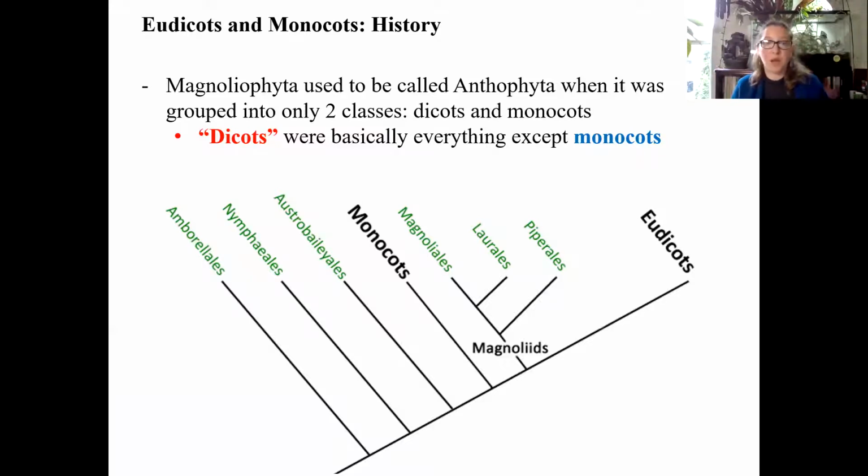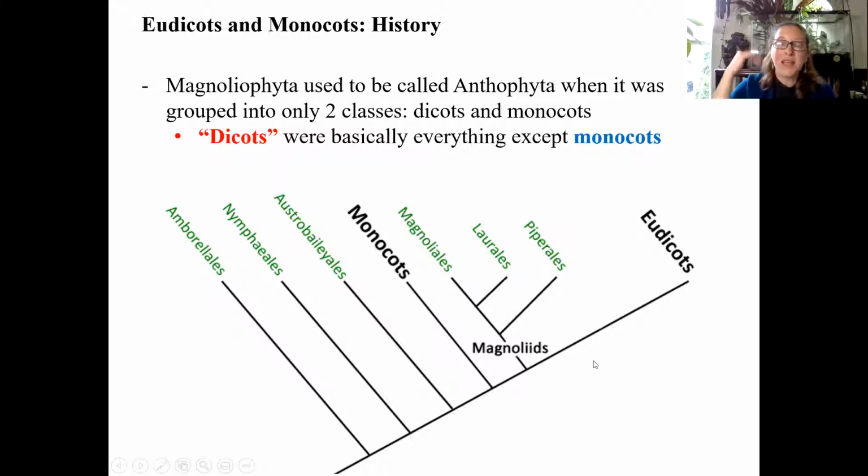We have dicots, we have monocots, we're going to call them Anthophyta. And basically the way things were decided back then is we had monocots, and then anything that wasn't a monocot, we just said it's a dicot. That's kind of how it worked back then.